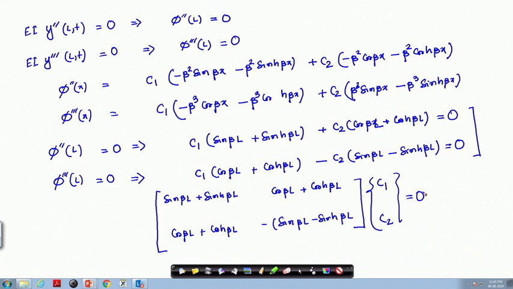So, these are the matrix form of the equations that we get.